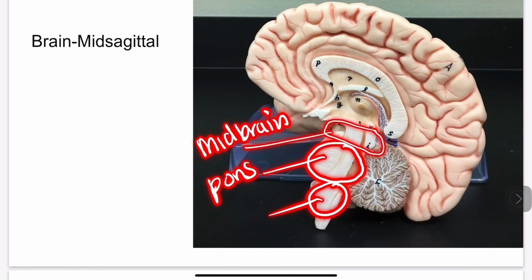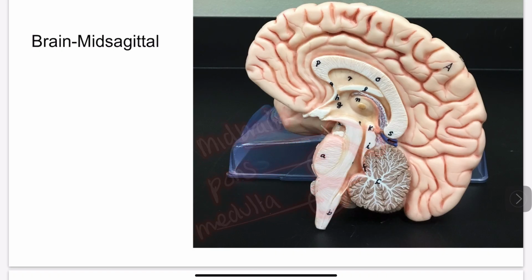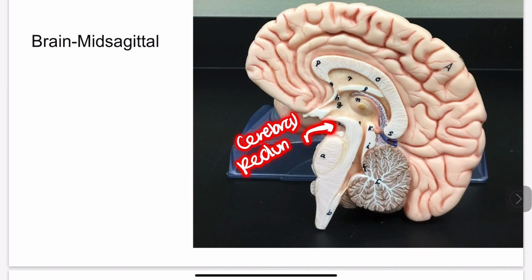And then down here we have the medulla. Right, so there are some extra structures that we can see from this view. You can barely see it, but right around here you have these lateral columns. Those are your cerebral peduncles. You can't really see them from this view, but they should be right around there.